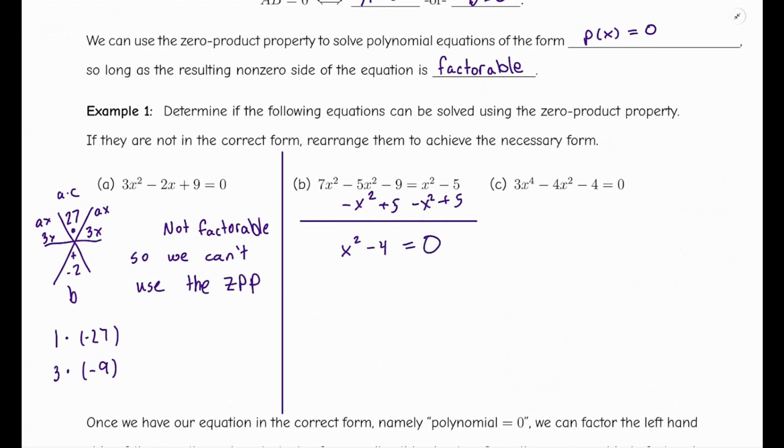Then x plus 2 times x minus 2 is the factorization of x squared minus 4. So because I was able to get it equal to 0, and it was factorable, yes, this is solvable by the zero product property.